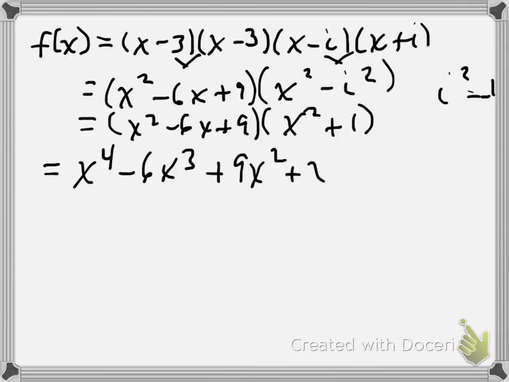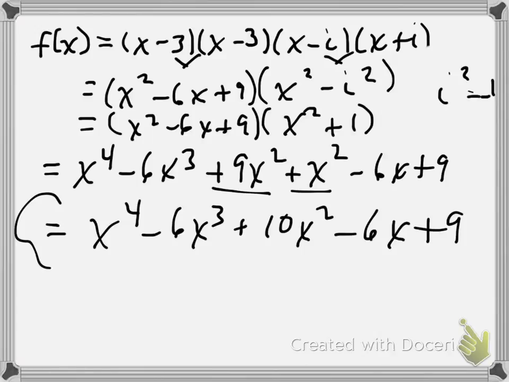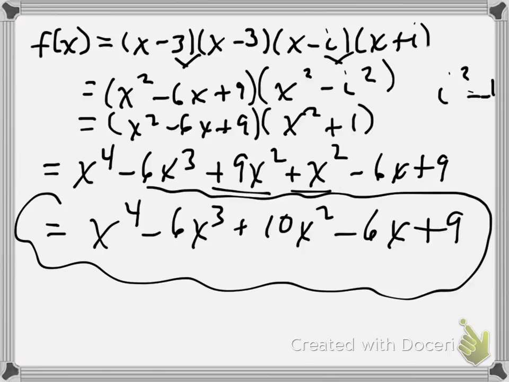Alright, and then plus x squared minus 6x plus 9. Alright, so it's going to leave me with x to the 4th minus 6x cubed plus 10x squared minus 6x plus 9. Alright, so there's the polynomial written in standard form.